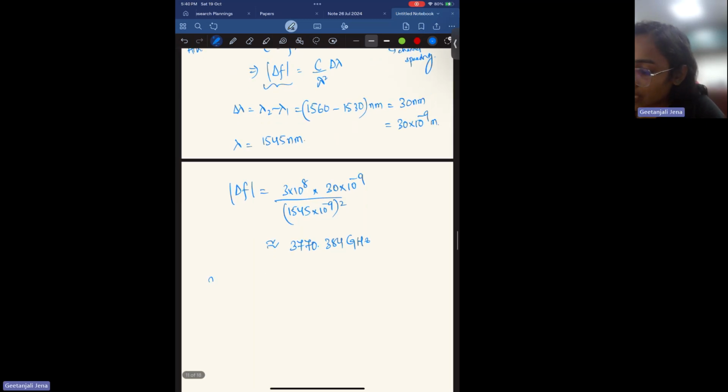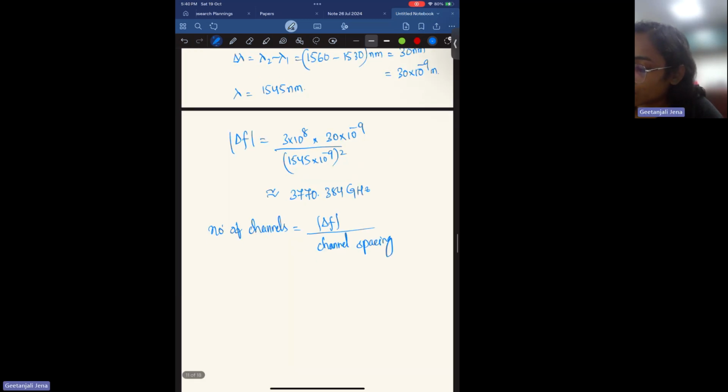So the number of channels will be delta F divided by the channel spacing, in the same unit, hertz.